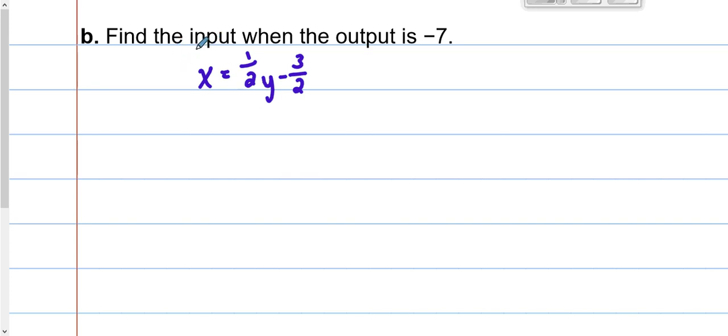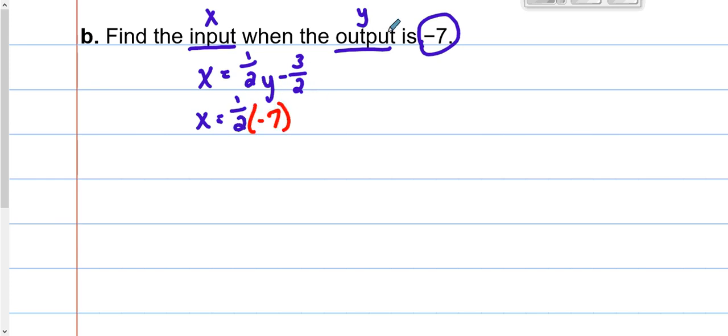Well, input is your x value, output is your y value, always. Input is x, output is y. So if we're finding the input, we're finding the x. And it tells us that the output is -7, so the y value is -7. So let's plug that in. x equals 1/2 times -7 in place of y minus 3/2.